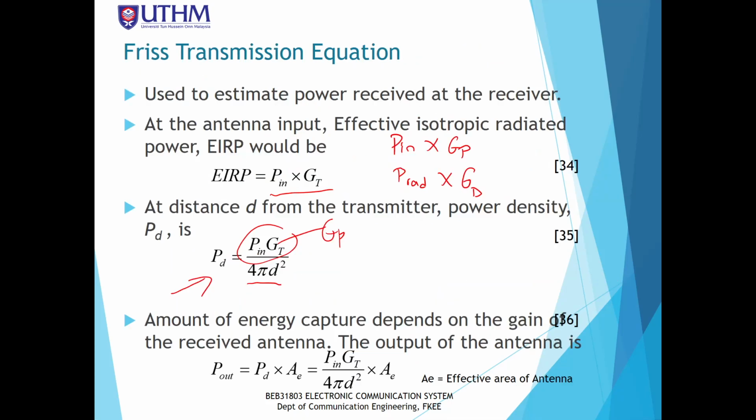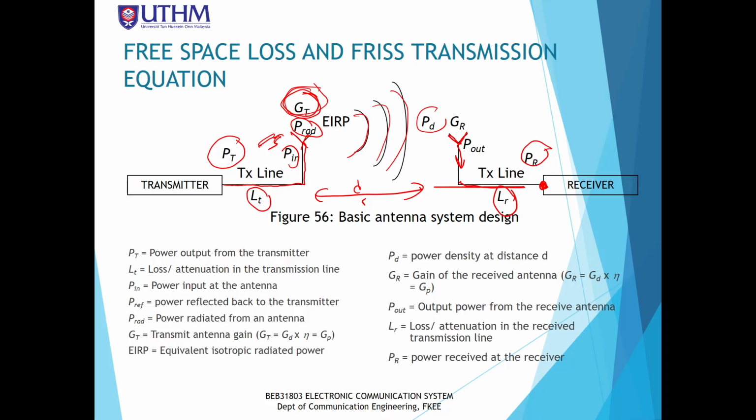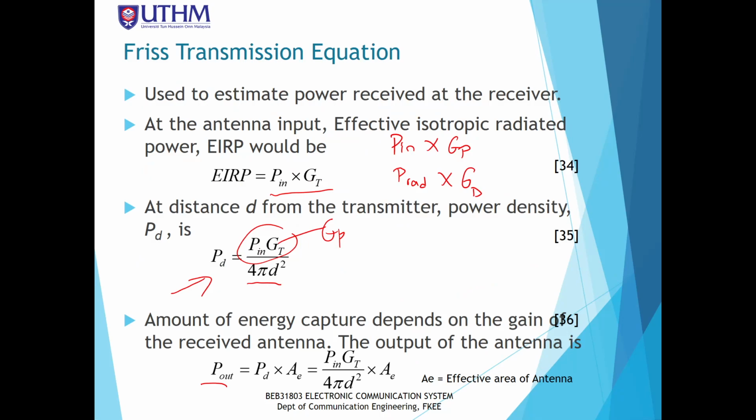Okay. And then what? The amount of energy captured depends on the gain of the receiving antenna. The output of the antenna P out is equal to, where is P out? P out is the power output from the receiving antenna. So P out is equal to power density multiplied with AE, the effective area of the receiving antenna.